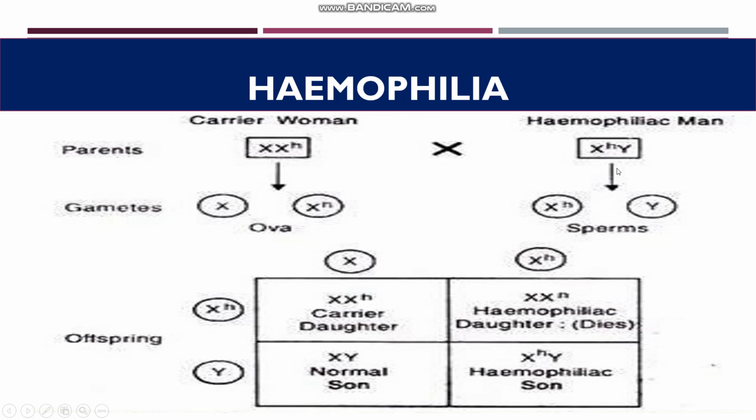The hemophilic male also produces two types of gametes, some carrying the XH and some carrying the Y. On fusion of the gametes, there is a possibility of getting a carrier daughter, a hemophilic daughter, a normal son and a hemophilic son.